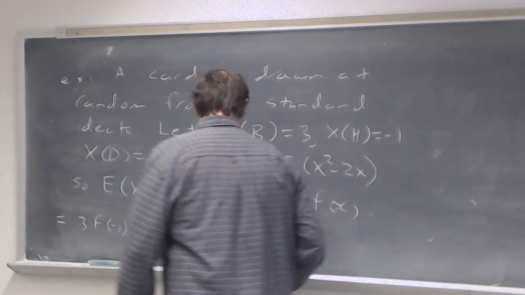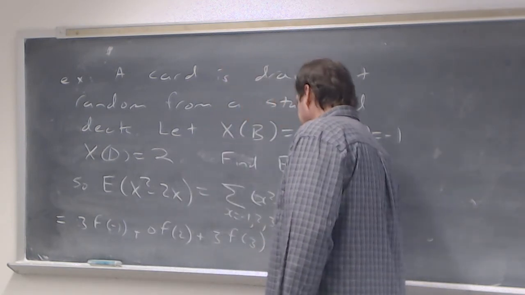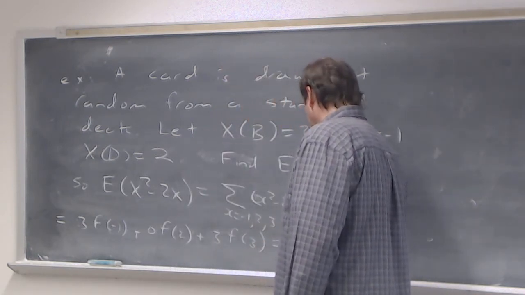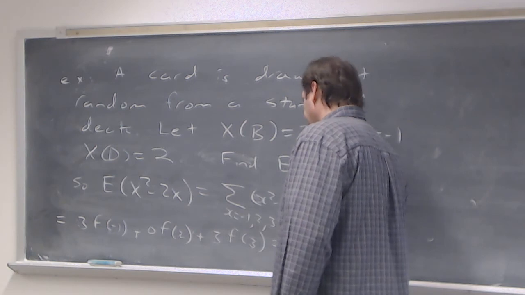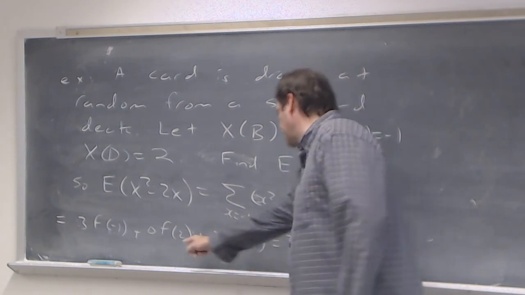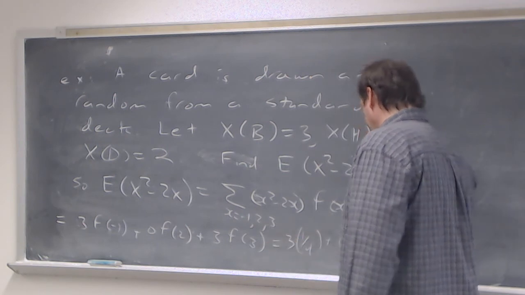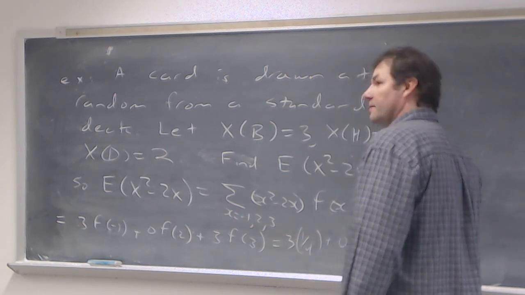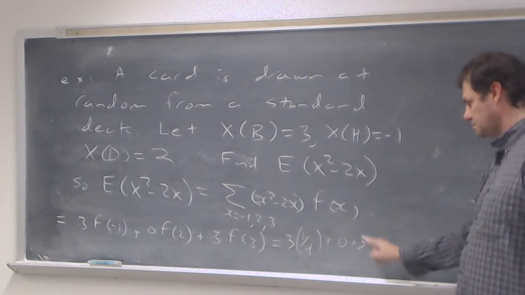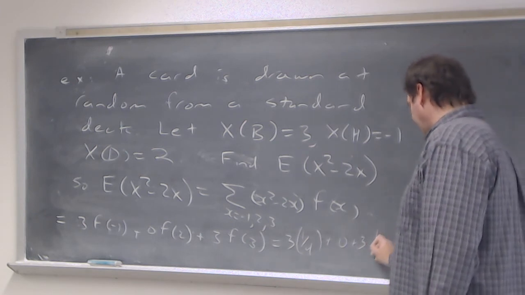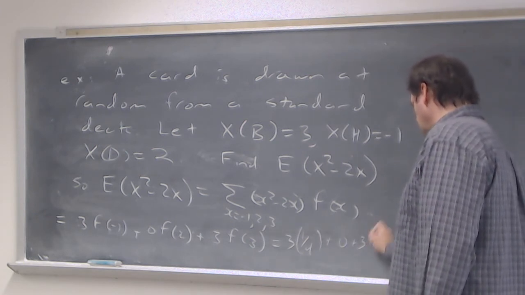And so this answer is 3 times f of -1, that was 1/4. And the middle term is going to be 0, because it's multiplying by 0. And then plus 3 times f of 3, and f of 3 was equal to 1/2.